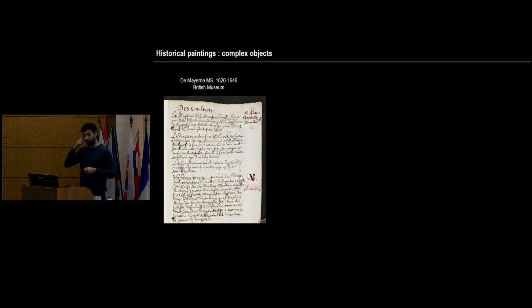As a very brief introduction, but this was already presented this morning and yesterday, historical paintings are very complex objects. The reason for that is that the materials which compose them are quite unknown to us.